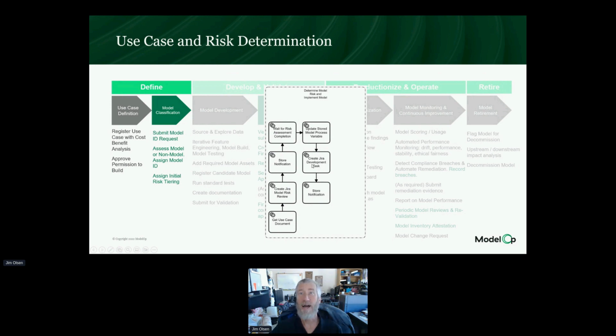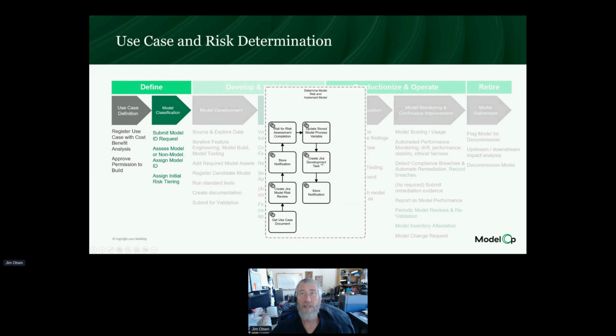Once you're done developing the model, you submit it into the model catalog and associate it with that use case, and then proceed on. So now it's been waiting here for the experimentation to occur. Many different models could have been developed and thrown out, and you're going to have one or more candidate models that you actually want to promote.